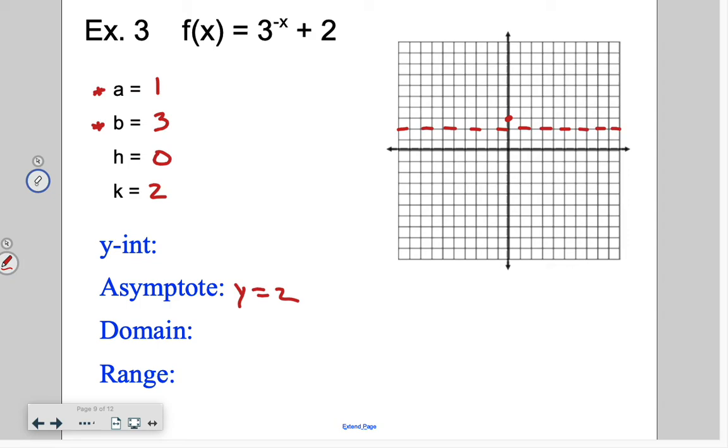And we said that this is exponential growth, so we'd have something looking like that. However, there's one thing I haven't accounted for yet. The negative. What does that negative do? Close. It is a reflection.